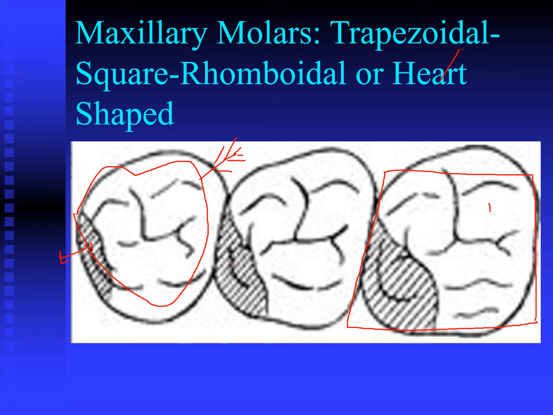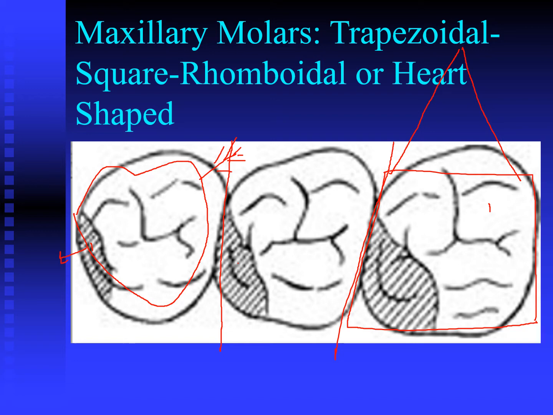Normally teeth will have a lingual convergence to the mesial and distal walls, but in the maxillary first molar, if it's trapezoidal like this, it actually has a buccal convergence, where other teeth that are more heart-shaped or rhomboidal shaped will have a lingual convergence of the mesial and distal walls.